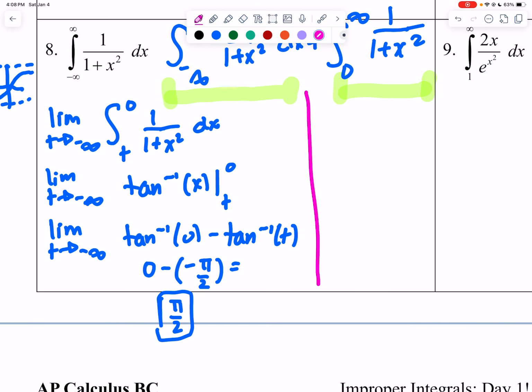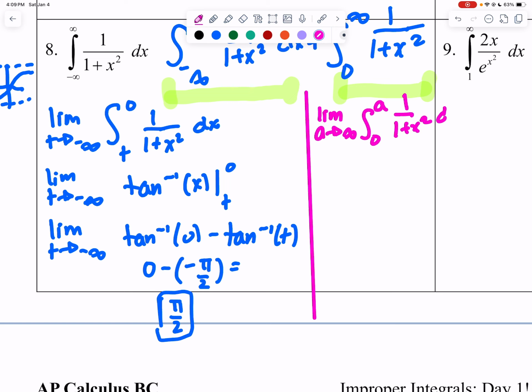Now, looking at my second integral, I'm not going to be using the same variable here, just so it doesn't confuse us. Instead, I'm going to use, let's say, a as the variable now. So now I have the limit as a approaches infinity of the integral from 0 to a of 1 over 1 plus x squared dx.